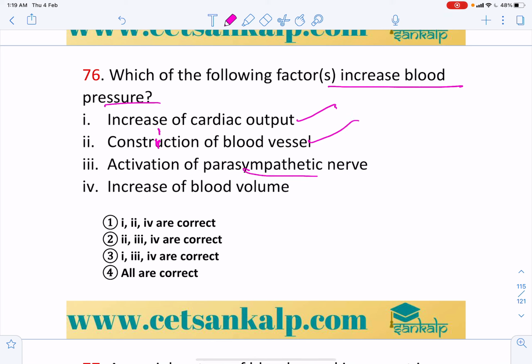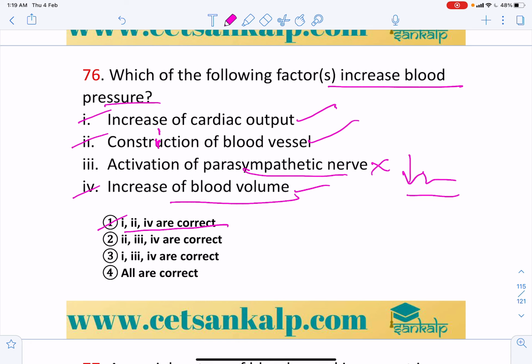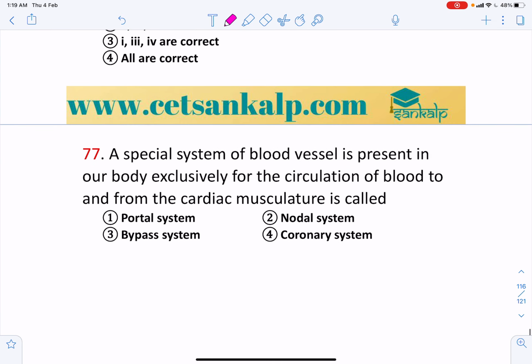Activation of parasympathetic decreases the blood flow. Increase of blood volume. So 1, 2 and 4 are correct. So here the 76th question, 1 is the answer. 1, 2, 4 are correct. Parasympathetic system decreases, right?